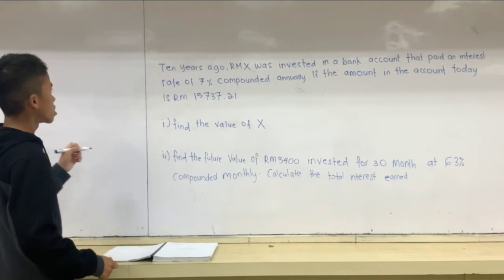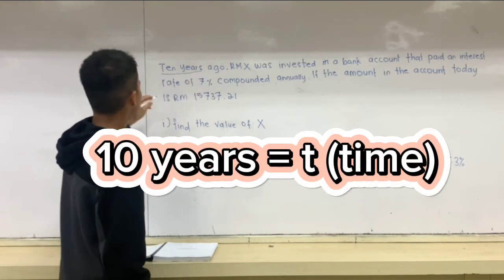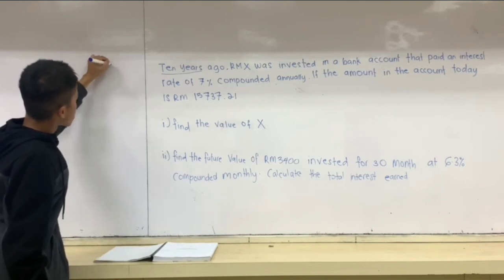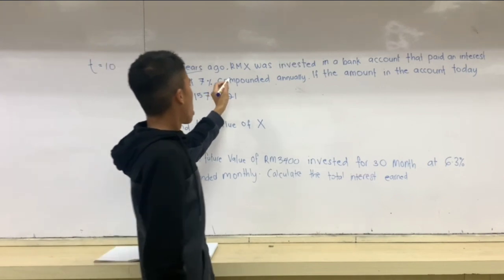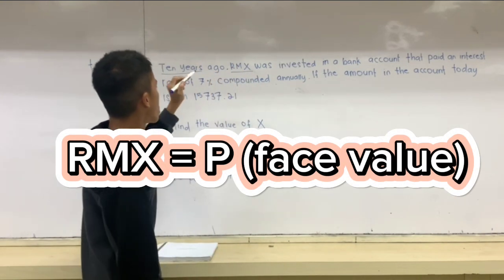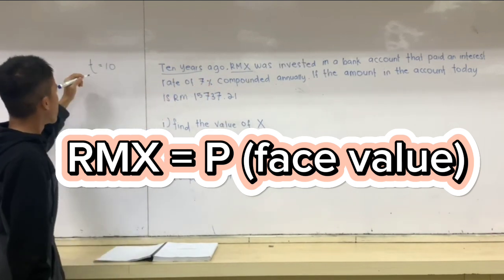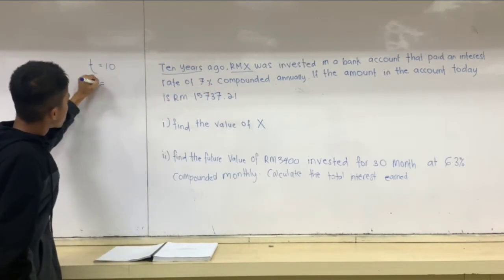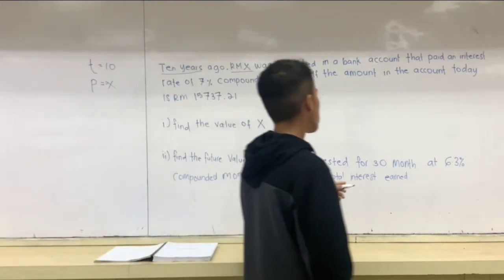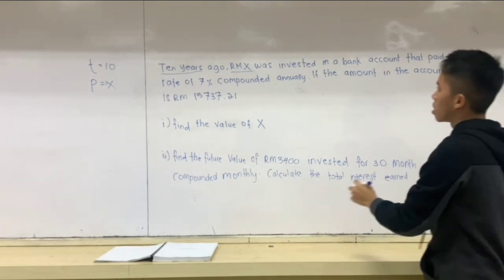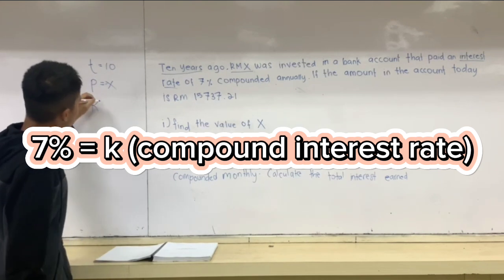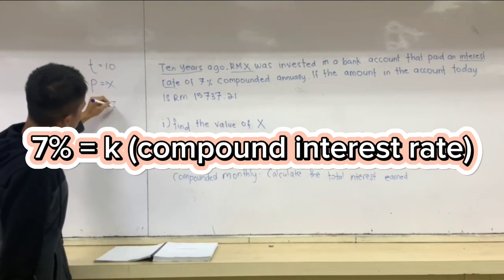Okay, first, 10 years. It is a T. So T is 10. RM is the first value, so it will become a P. Interest rate will become K. So K equal 7%.